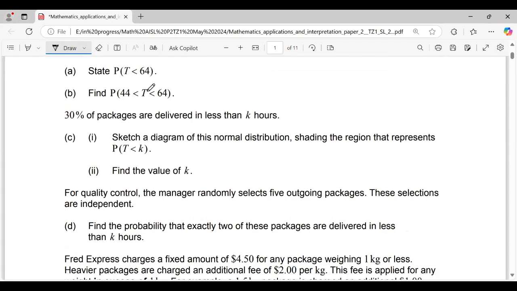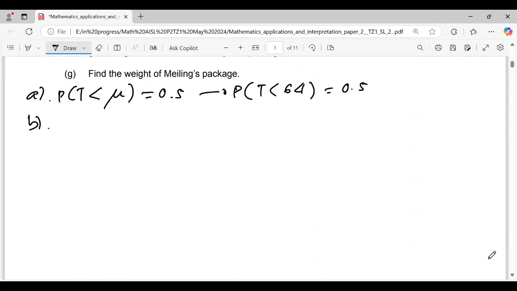B. Find the probability T greater than 44, less than 64. Okay. So we are going to standardize the values by Z-score with this formula: Z equals T minus mu over sigma, where mu equals 64, this is the mean, and sigma is the standard deviation, equals 12, and T is the value of interest.